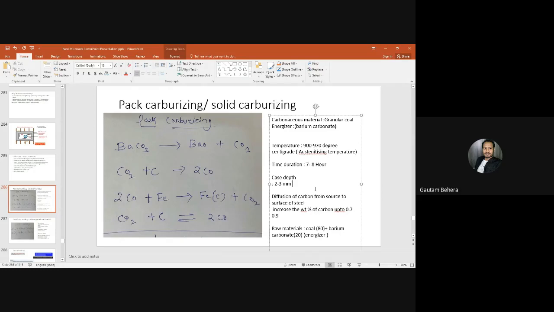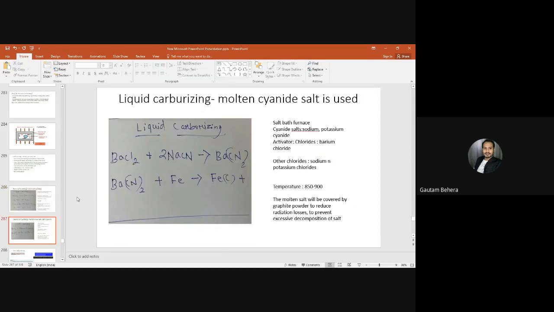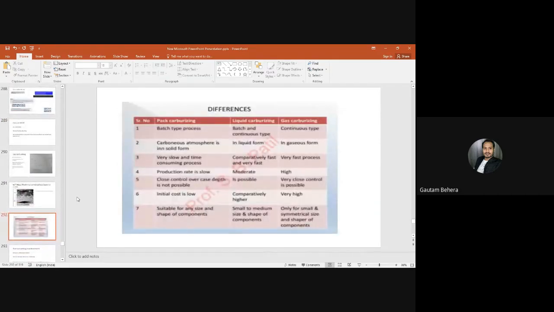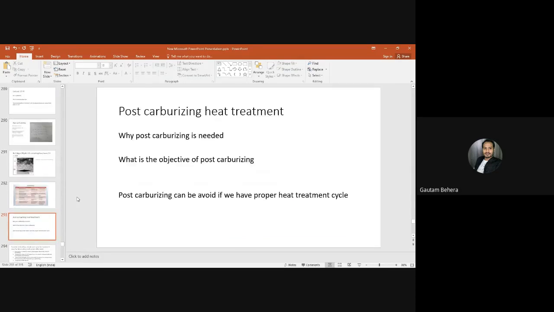So the core will become more ductile. It will not become tougher, because toughness can be obtained if the grain size is finer. Due to high temperature and more exposure time, the grain becomes coarser. So the toughness cannot be maintained at the core. It will become more ductile.